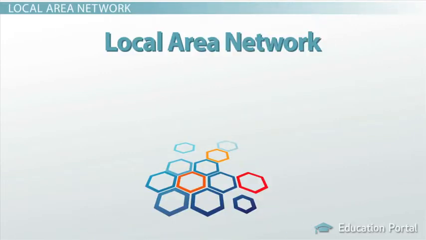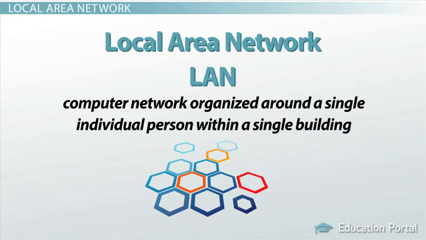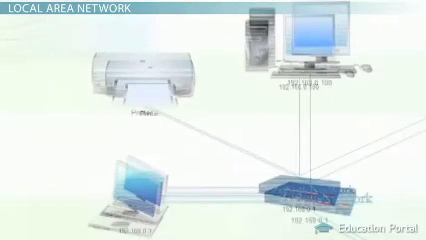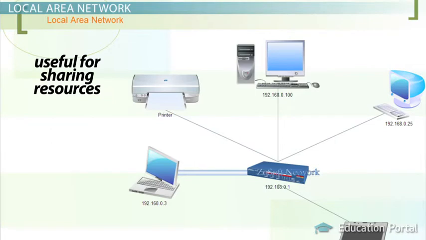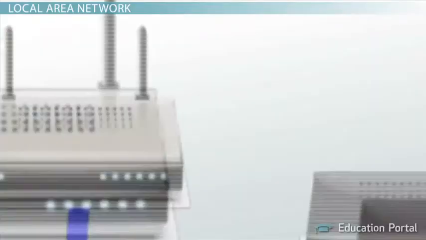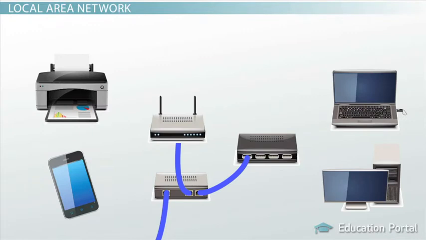A local area network, or LAN, consists of a computer network at a single site, typically an individual office building. A LAN is very useful for sharing resources, such as data storage and printers. LANs can be built with relatively inexpensive hardware, such as hubs, network adapters, and Ethernet cables.